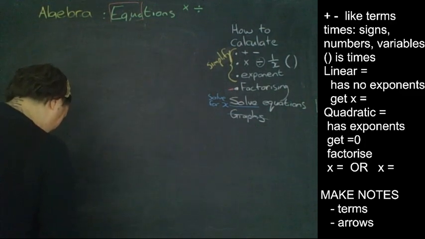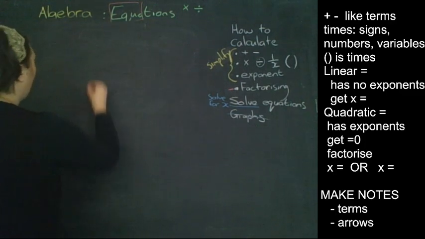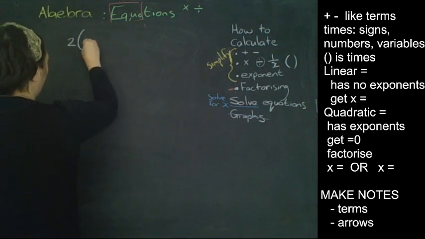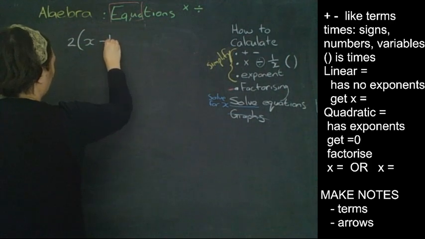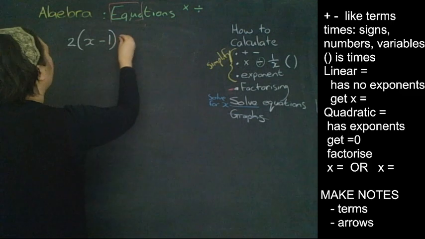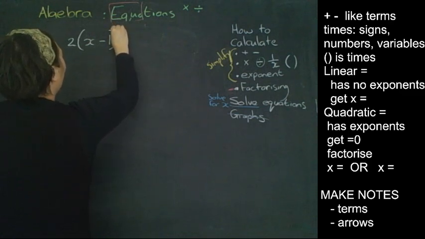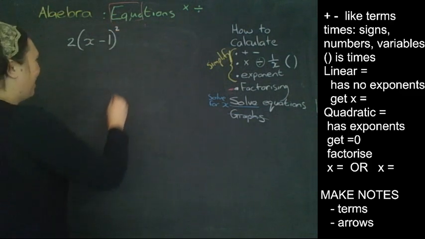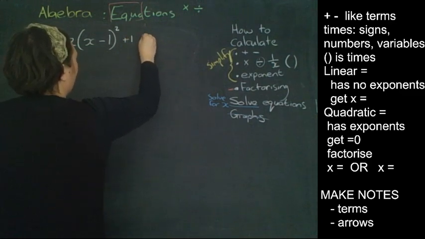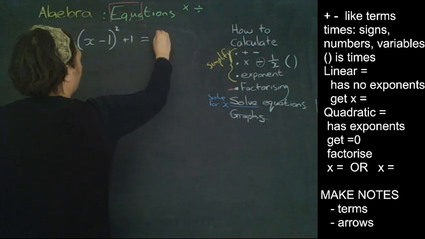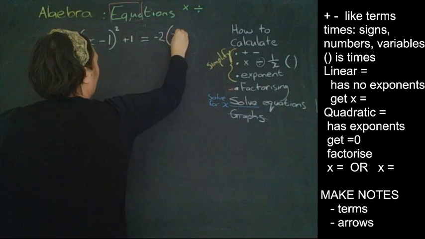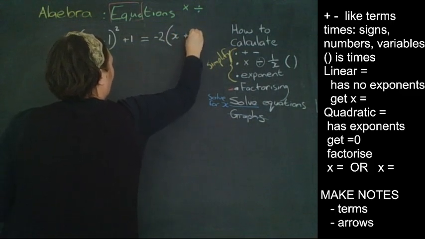Let's say we have 2x minus 1, and I'm going to make that a square, plus 1 equals minus 2x plus 5.